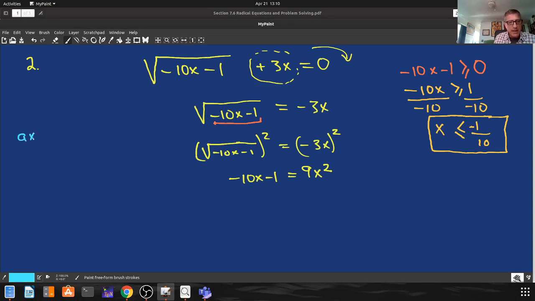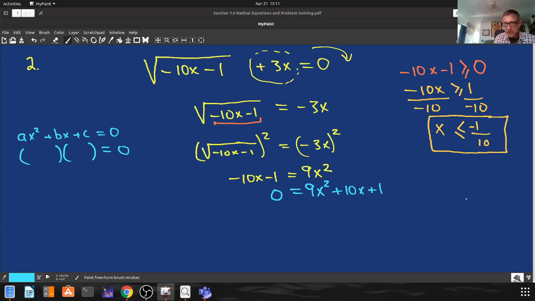But if we have ax squared plus bx plus c is equal to 0, then we have to factor the side that's not equal to 0, and then we set each factor equal to 0, and that's our answer. So I'm going to set this equation equal to 0 by moving the minus 10x over, so it becomes 10x, and the minus 1 over, and it becomes 1.